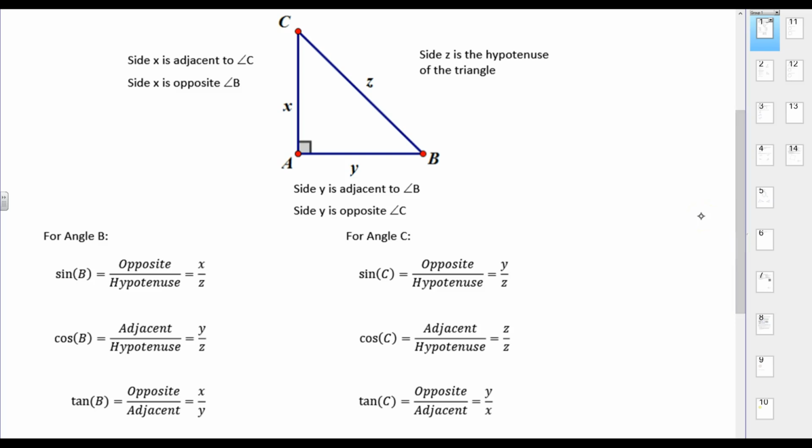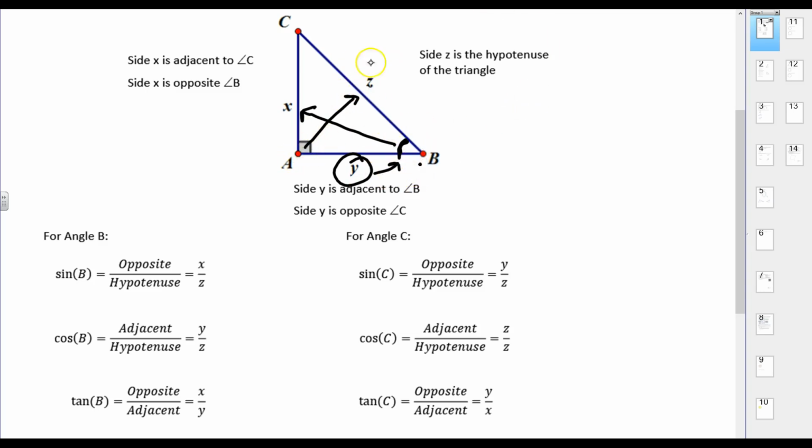Now, before we can really talk about that, we need to be sure that we're clear on what sides we're discussing. So you're always going to have an angle of interest, some kind of angle that you're studying. For example, if I'm looking at angle B, I always look at the sides in relation to angle B. Side Y is adjacent to angle B because it physically touches angle B. Side X is the opposite side of angle B, and side Z is always the hypotenuse because it's across from the right angle.